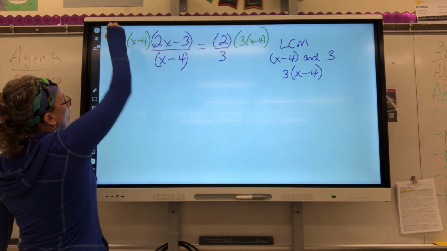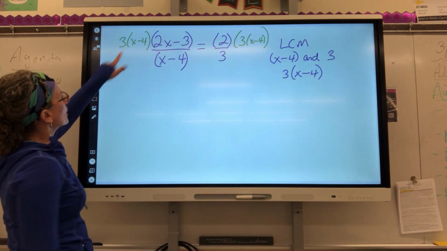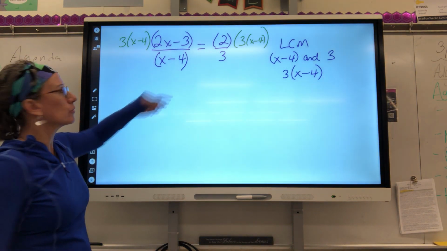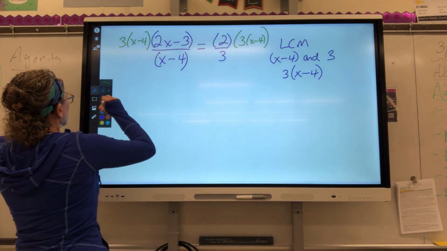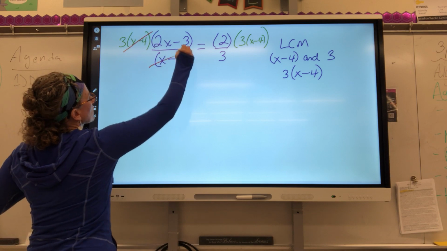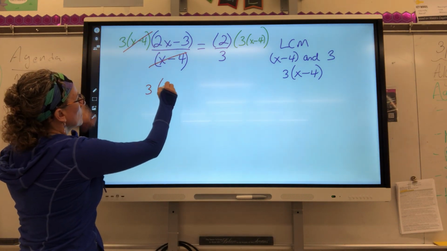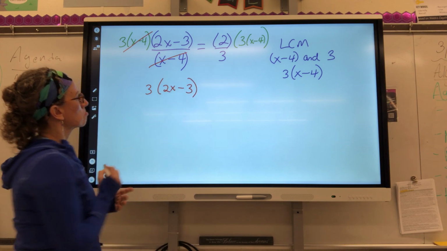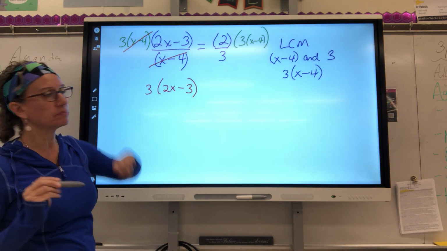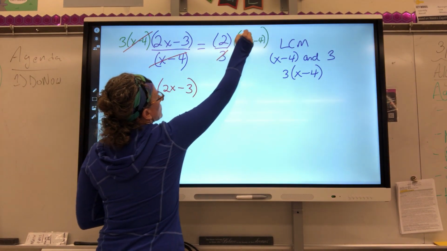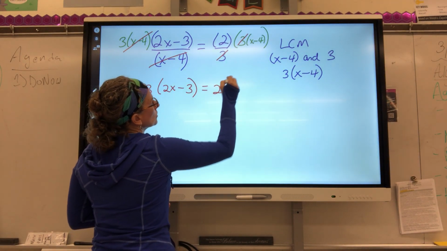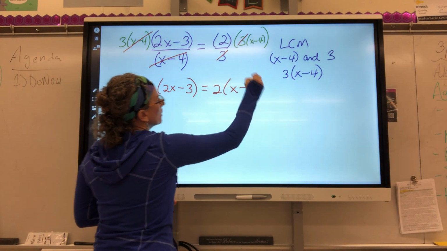Okay, so when I look at this fraction, the x minus 4 matches the x minus 4 here, thereby canceling the x minus 4 with the x minus 4. It leaves 3 times (2x minus 3). On the right, the 3 will cancel with the 3, leaving 2 times (x minus 4).